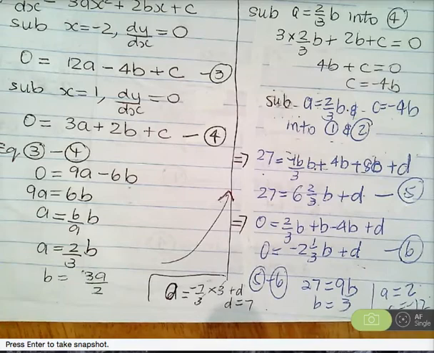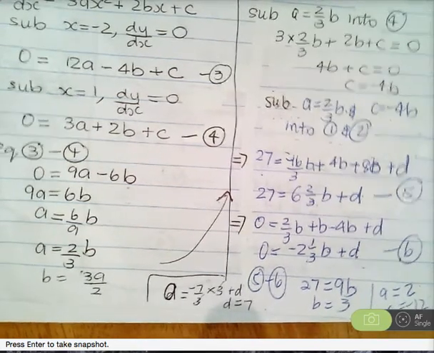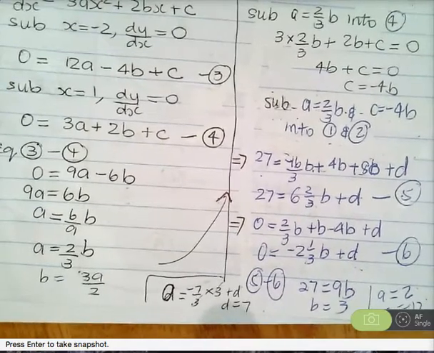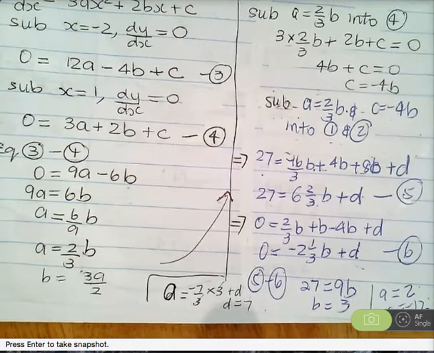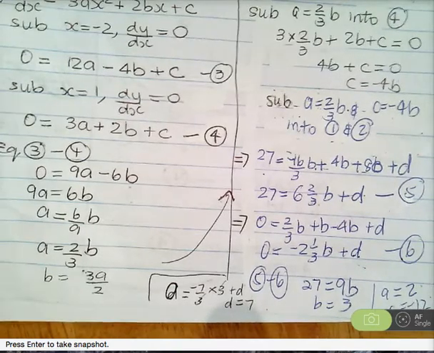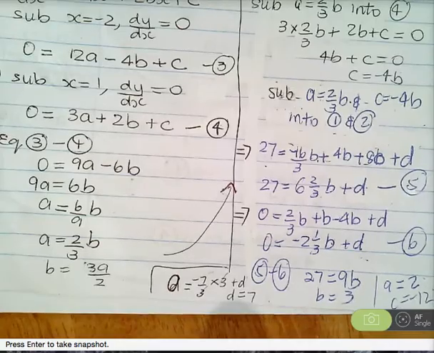So I'm just going to check that answer. I know it's a little bit messy, but I think it's correct. And for exercise 10B, yes, D is 7, C is negative 12, A is 2, and B is 3. So that is question 12, okay?